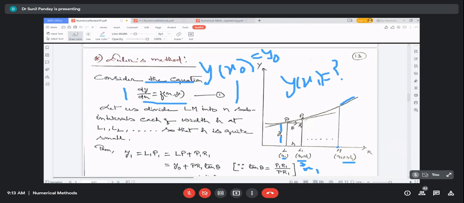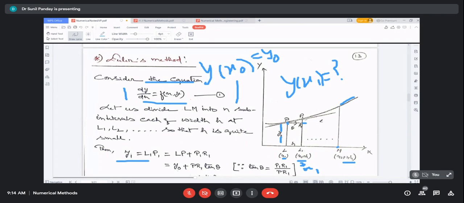But instead of calculating this value L1 P1, we get some approximated value like this. This is y1, this is L1 P1. Up to this point is P. If you draw a line parallel to the x-axis, then you have this line P R1, which is equal in length to L1 P, and then we have P1 R1.